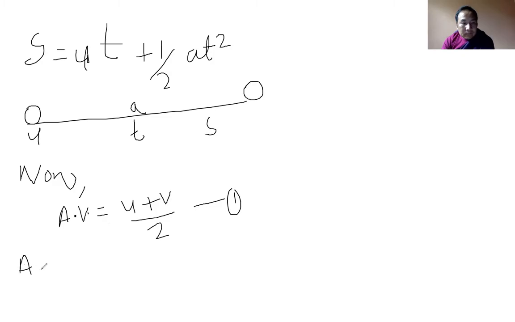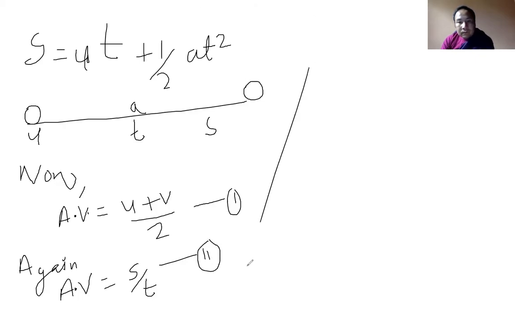Again, average velocity is equal to, in simple language, velocity, and velocity means distance per unit time. This is expression 2.